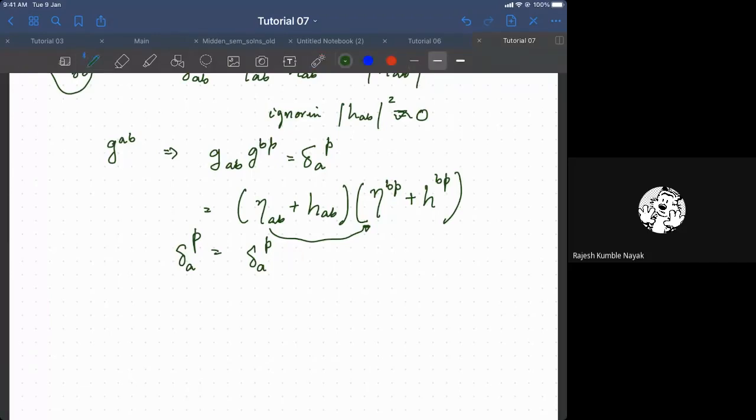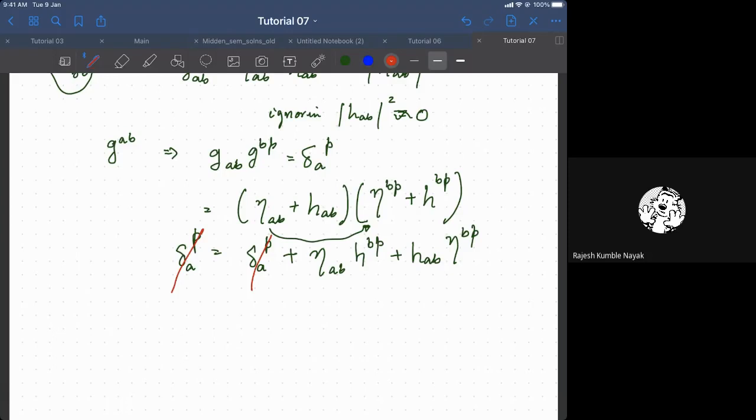And then you have two terms, which would be eta AB HBP plus HAB eta BP. That's it. H square term we are ignoring, and then we cancel these two because they are delta AP.